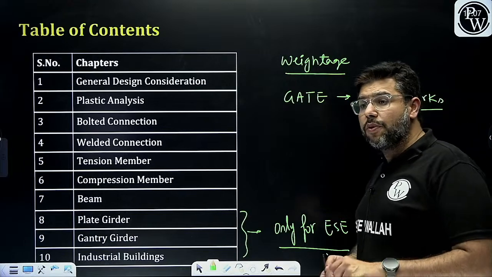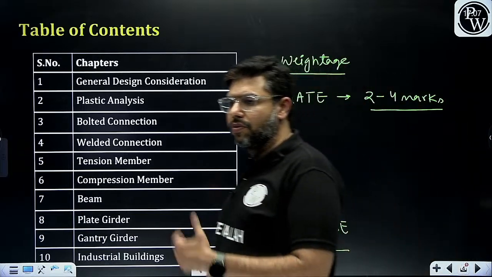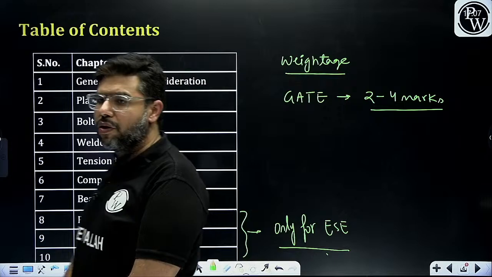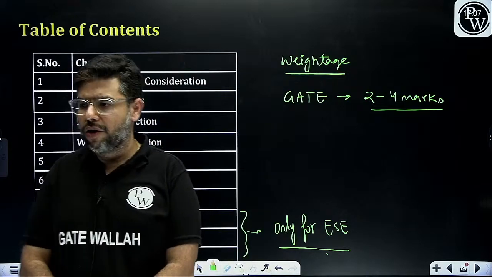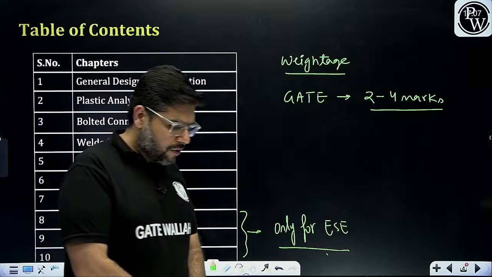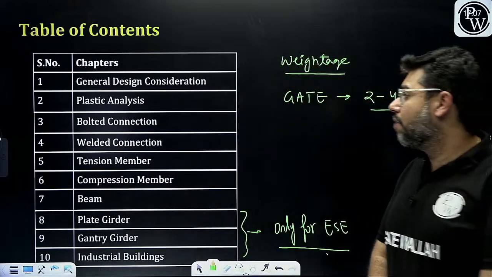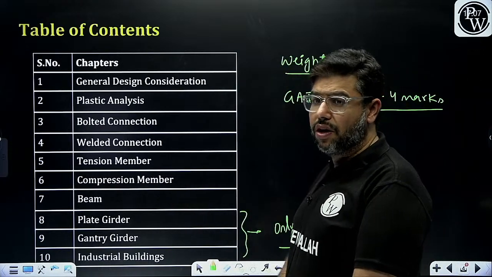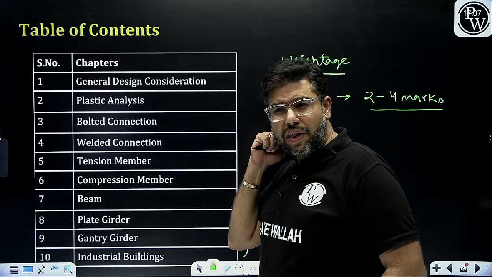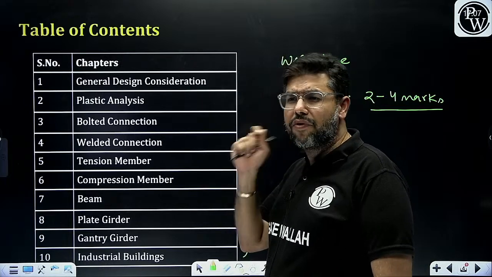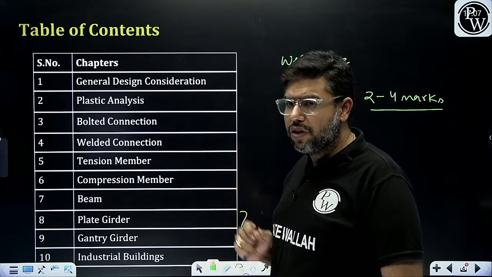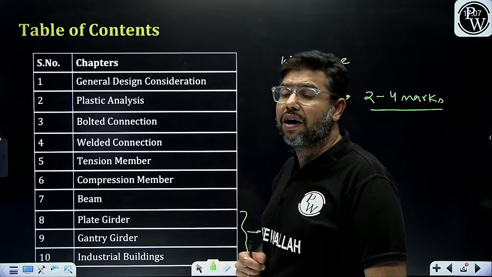If you ask me what are the important topics for GATE, see, GATE is nearby, we are all focusing on GATE 25 and we are almost on the last leg of our preparation. So I won't advise you to read the whole syllabus, it is not required that much. There are few topics that are very scoring, and mostly the questions are asked from these topics only.